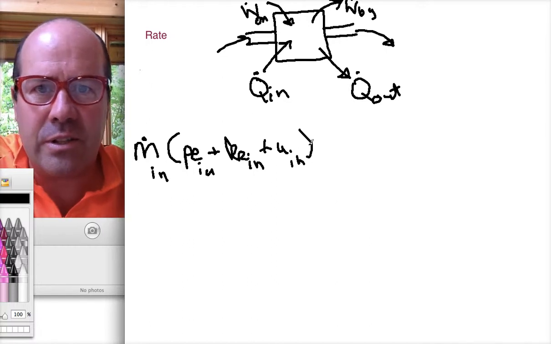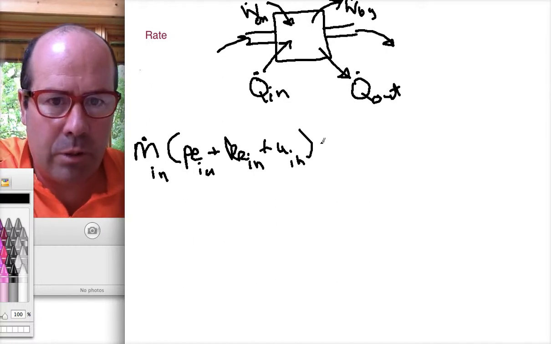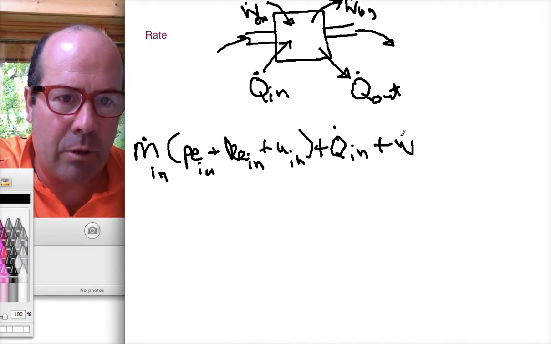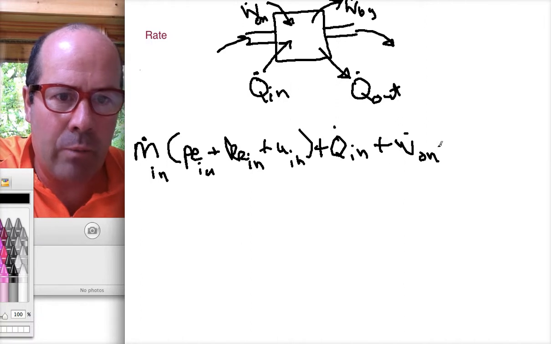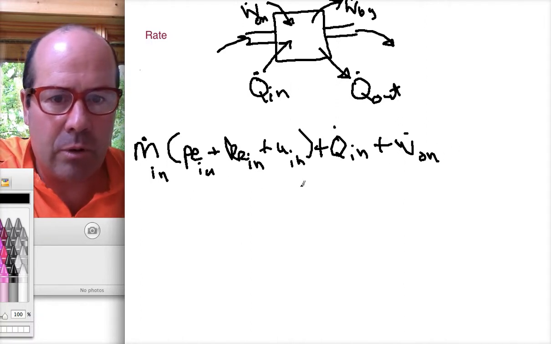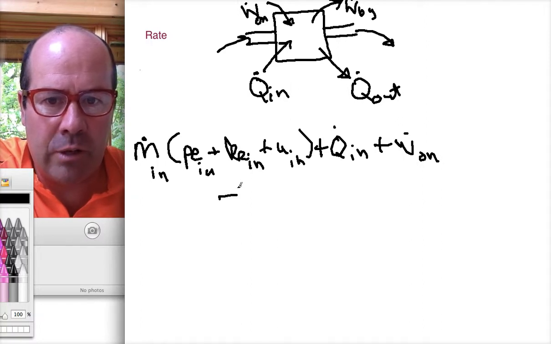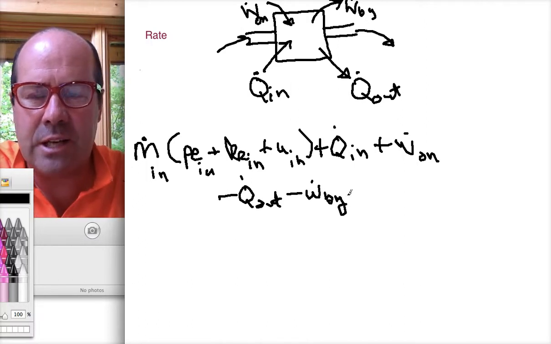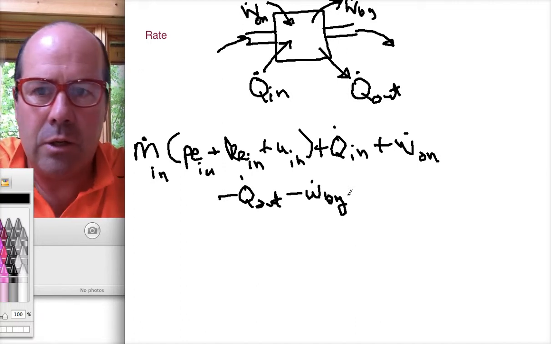And while it's in the system, we can put energy in, Q dot in, or W dot on, that would be putting energy in. Taking energy out, minus any Q dot out, minus any W dot by. So the mass comes in, it's got energy. We put some in, we take some out.